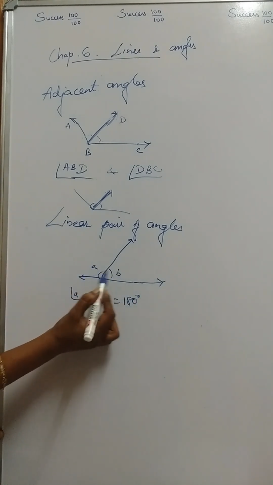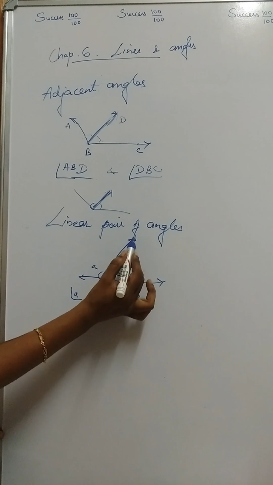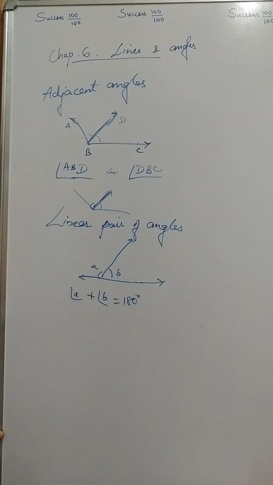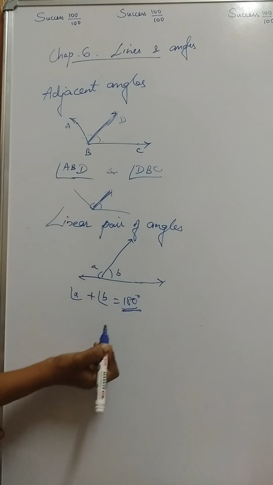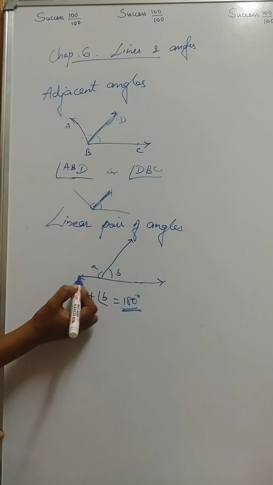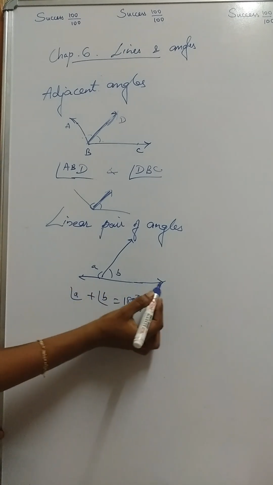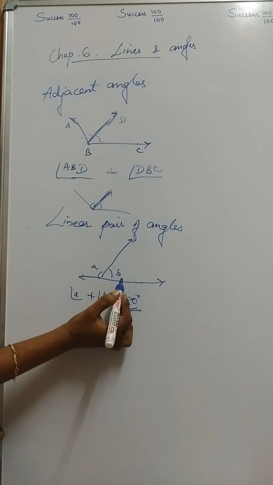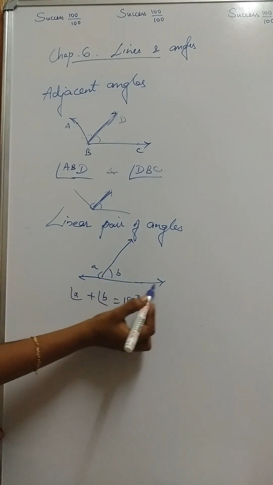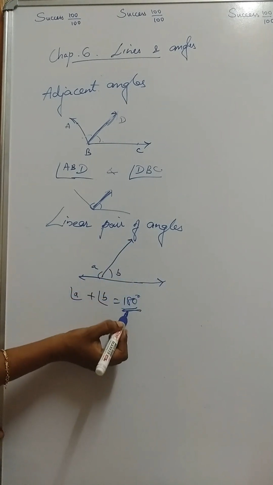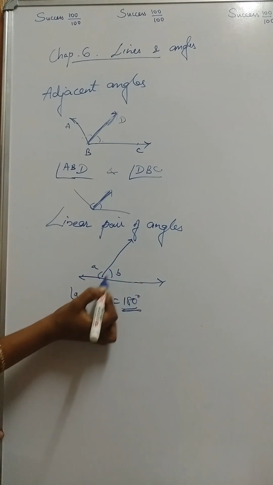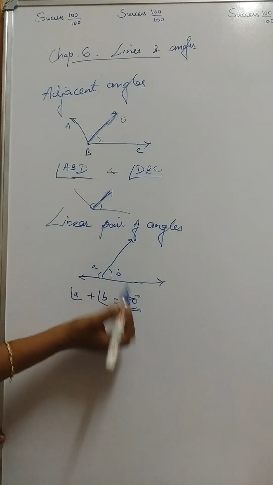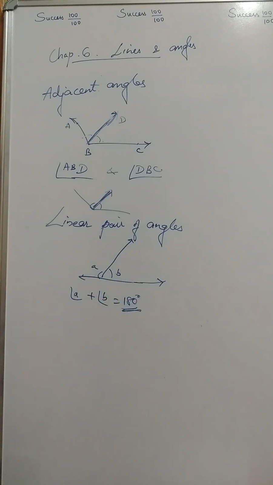Of course, A and B are adjacent to each other because they share this common arm between them, and the summation of them should be supplementary, which is 180 degrees. So on a straight line, if there is a ray, the angles formed by this ray are called linear pair of angles, because on a straight line the angle is 180 degrees, and a ray on it divides this 180 degrees. Therefore, when I add them, I get 180 degrees.